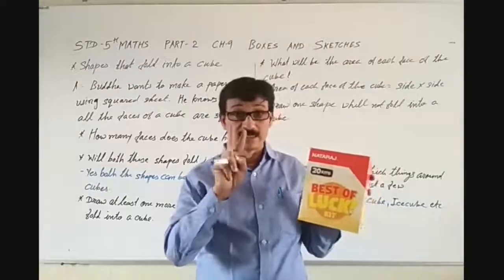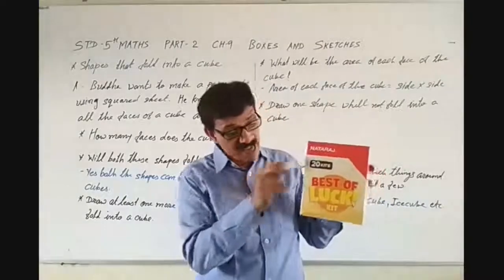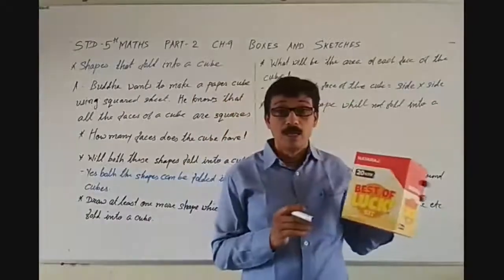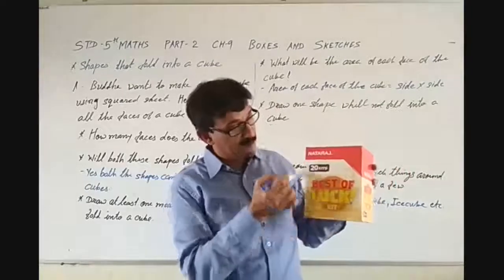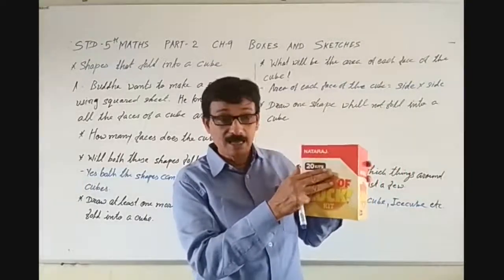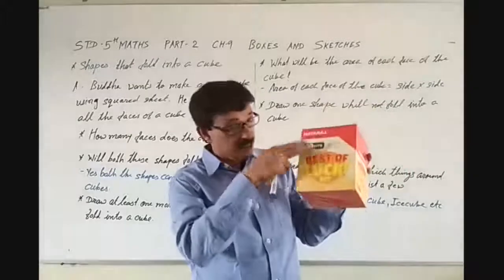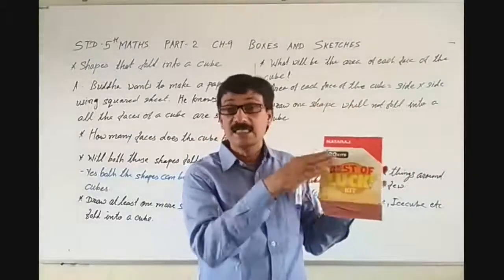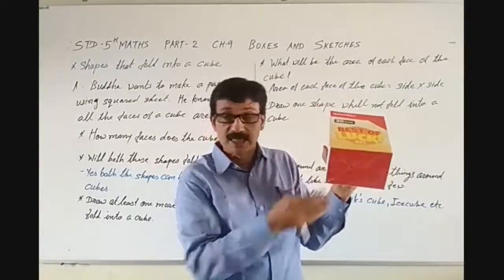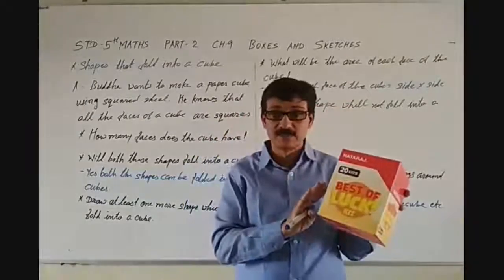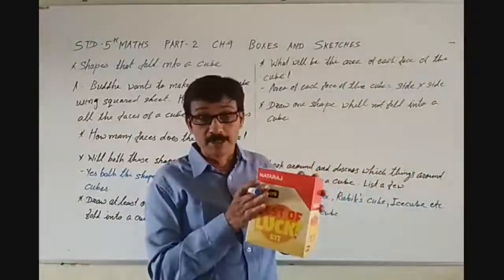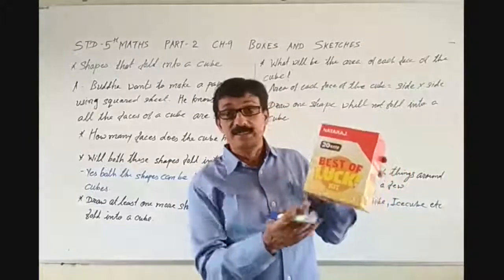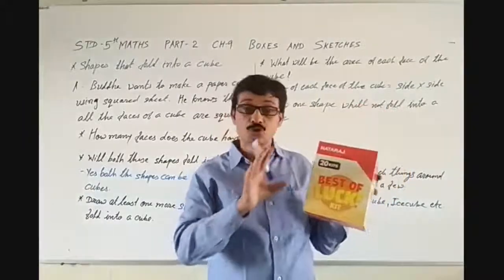Okay, so 3 dimension. Why? Height, length and breadth. Now this face is somehow bigger than this one. The dimensions of this face, height and length, are different from this face. So all these are different faces, and that is why this is a cuboid. But if it is a cube, then the height, the length and the breadth are the same.